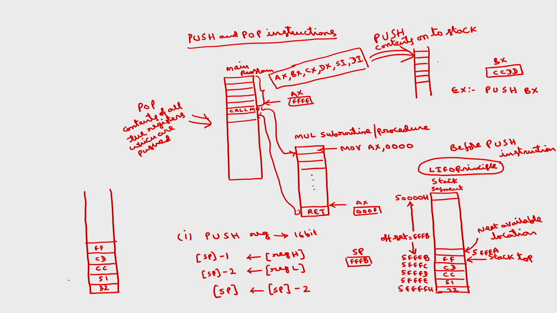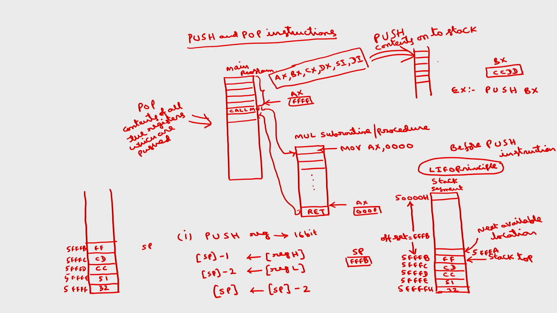So the locations are: this is 5444F, and this is 5FFFE, 5FFFD, 5FFFC, 5FFFB. So the stack pointer was here initially, and the stack pointer contents was this FFFB.